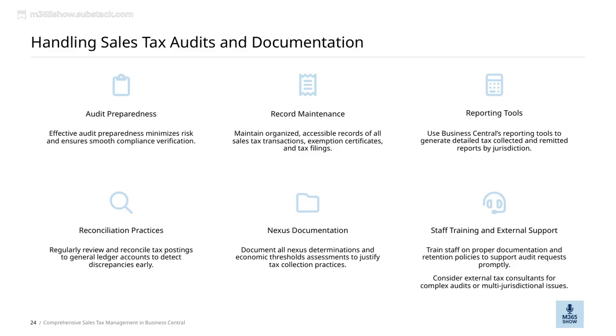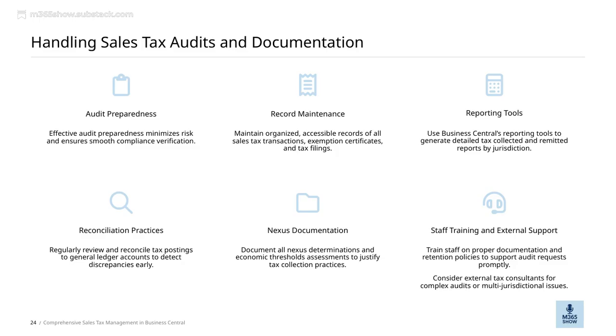Using Business Central's reporting tools is a great way to generate detailed reports on the tax collected and remitted by jurisdiction. This provides transparency and easy access to your tax data. Additionally, maintaining organized, accessible records of all sales tax transactions, exemption certificates, and filings ensures you're prepared at any moment.